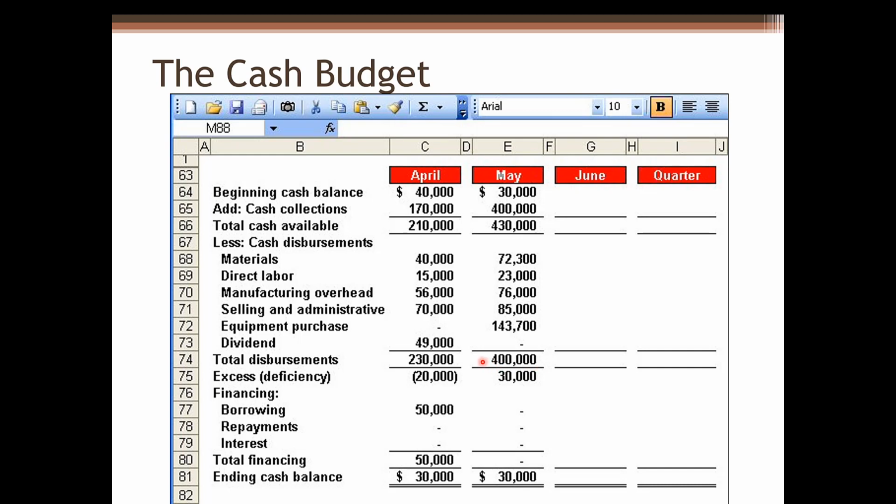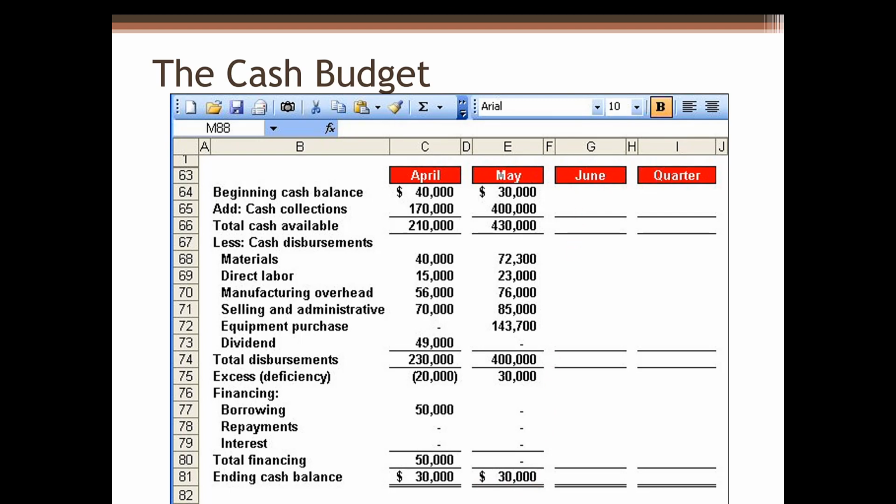We subtract $400,000 from total cash available, $430,000, and we get positive $30,000. This is excess, and $30,000 meets the company's minimum requirement. So the company does not need to borrow any cash, and the ending cash balance is $30,000.